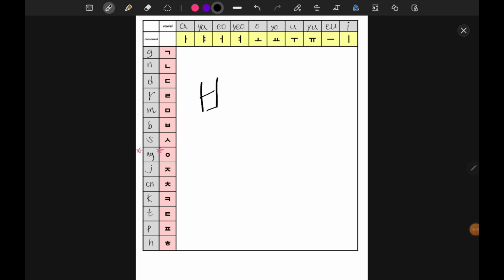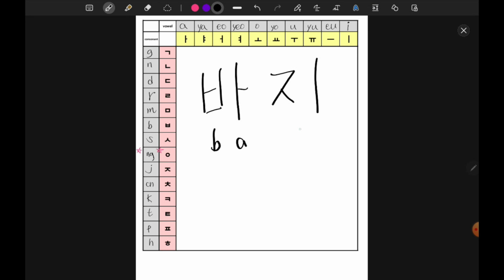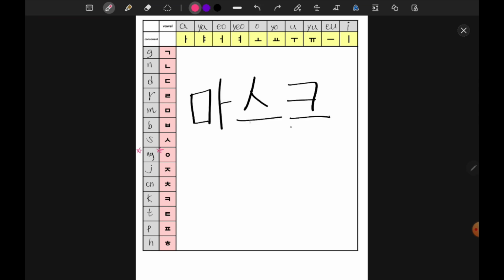And the next one, 부, 아, 바, 바. 즈, 이, 지, 바지, 바지. It means pants, right? In this word, this vowel, U, is the vowel that is placed underneath the consonant.